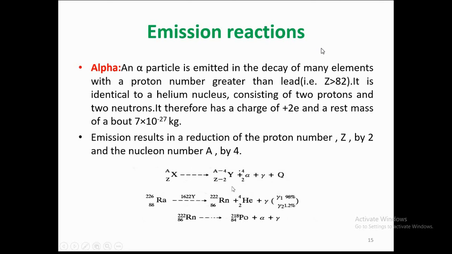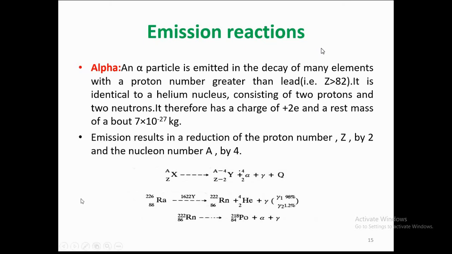You can see a radionuclide emit an alpha particle. When an alpha particle is emitted, you can find the proton number and atomic mass in the daughter nucleus are 2 and 4 units less than the mother nucleus respectively.